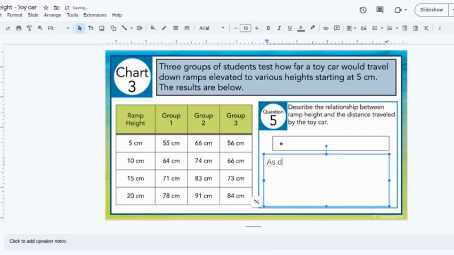As height, because that's what we change, as independent up, down, dependent up, down. Well, our independent is the height, dependent is the distance. So as height goes up, the distance goes up.